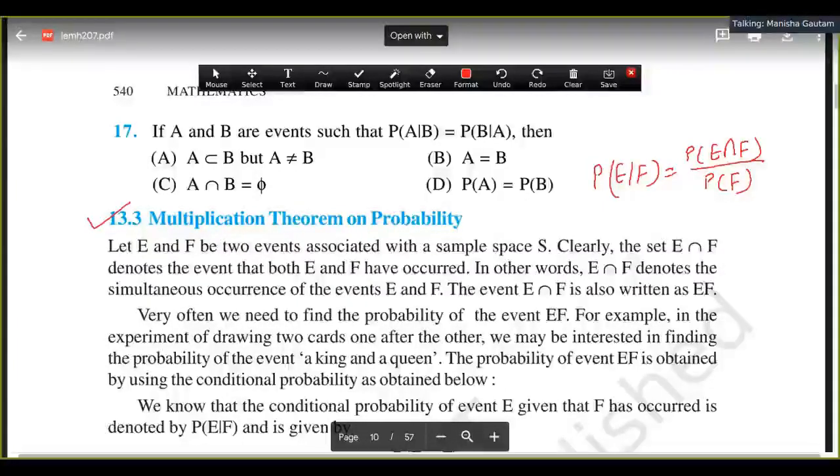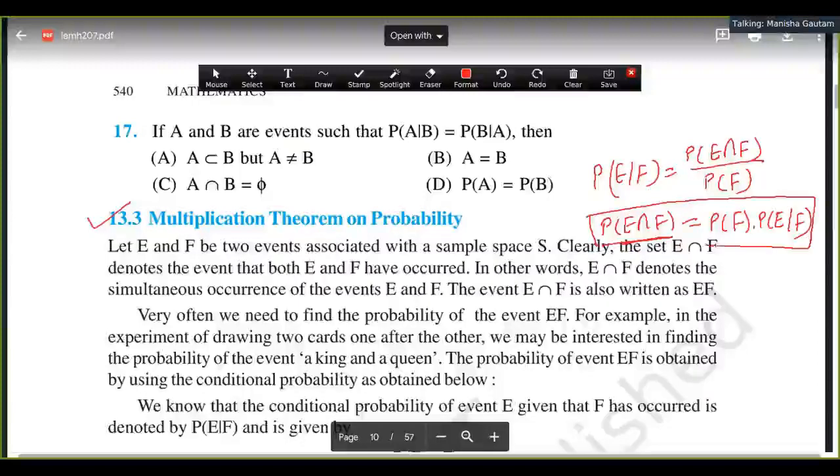Suppose I just rearrange this formula, that is, E intersection F can be written as probability of F into probability of E if F already happened. Now here this is the intersection part and shows the multiplication theorem. This is the multiplication theorem. From the same formula we will get the idea of the multiplication theorem.